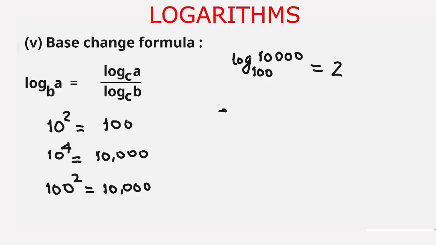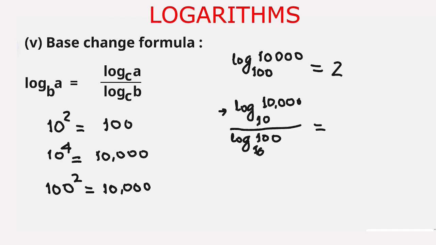So this gives log 10,000 base 10 upon log 100 base 10. This is equal to log 10,000 base 10, we already know that it is equal to 4, and log 100 base 10 equal to 2, and this is again equal to 2.